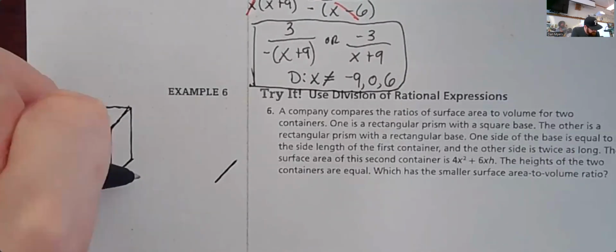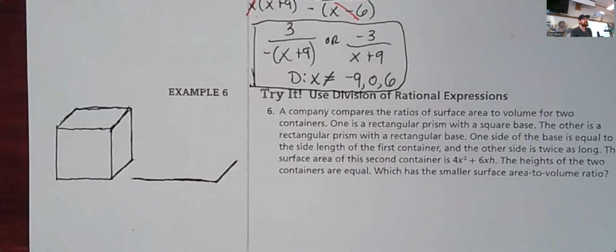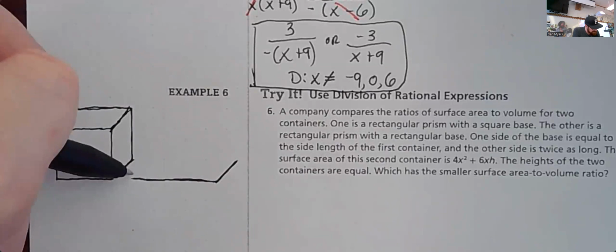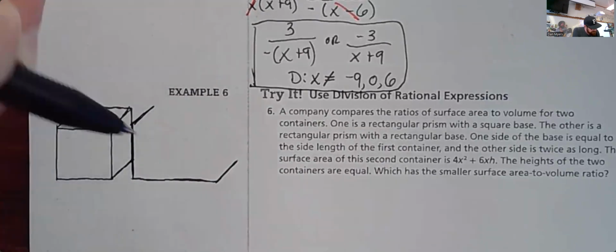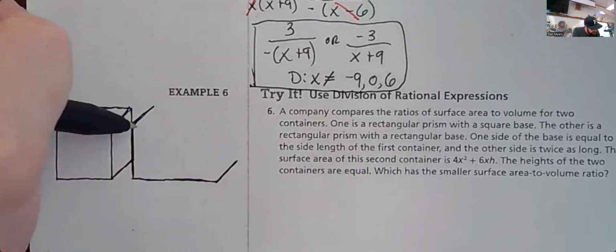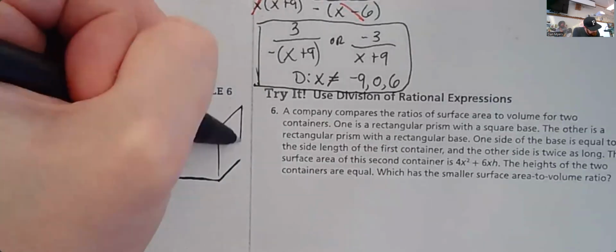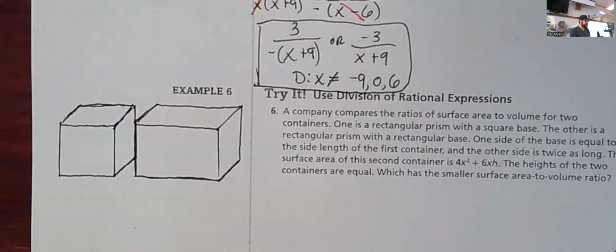So that's going to be about like that. And then it also tells us that the heights are the same. So we can basically make these two the exact same height. So this is going to go up here. Now, again, these aren't going to be super great looking just because we don't have a ton of room to work, but it'll work. So they're right next to each other.